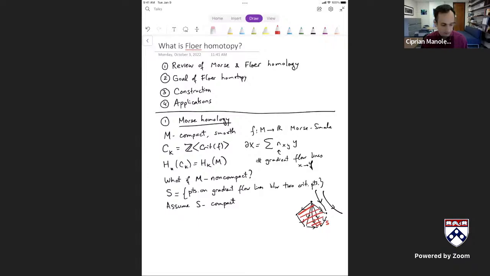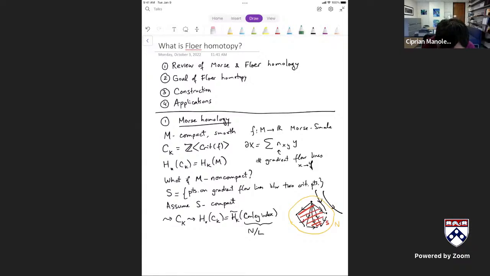And well, sometimes it's compact. If it is compact, then the usual proof that this is a chain complex works, and there are finitely many critical points, flow lines between X and Y. And then what do we get for the homology? We can make CK as before, and then the homology of CK is the reduced homology of the Conley index of this set, which is basically some suitable neighborhood of S, which we can take to be some manifold with boundary.